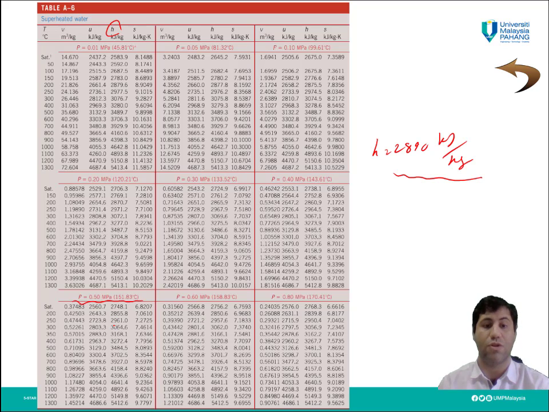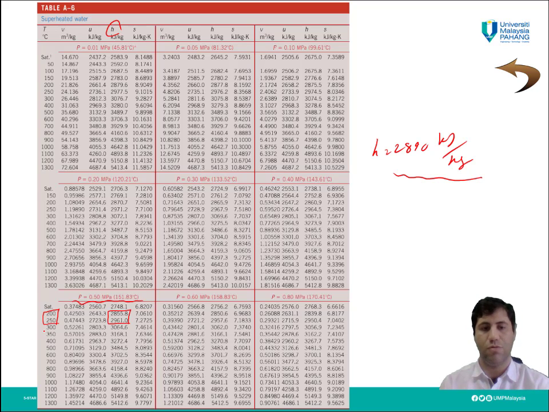The next is 2961, which is higher than our enthalpy. So the enthalpy for water with this pressure should be between these two, and its temperature should also be between these two temperatures.